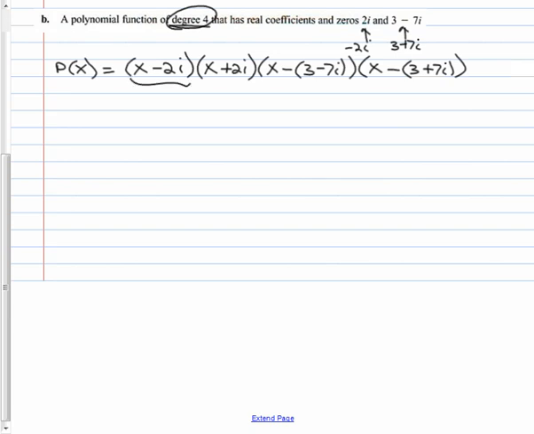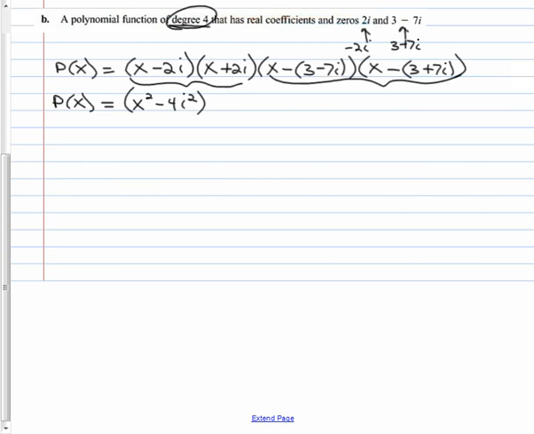I'm going to multiply these two and these two together. That order seems to me to be a little easier. First term's x squared. Outside, it'd be 2ix. Inside, negative 2ix. They cancel. Last term's minus 4i squared.